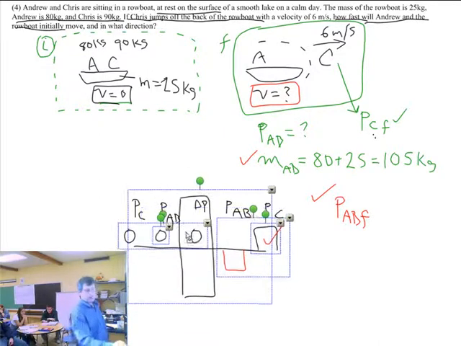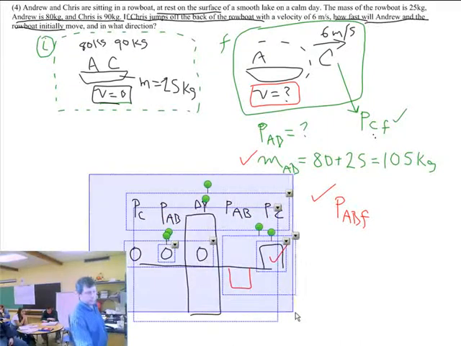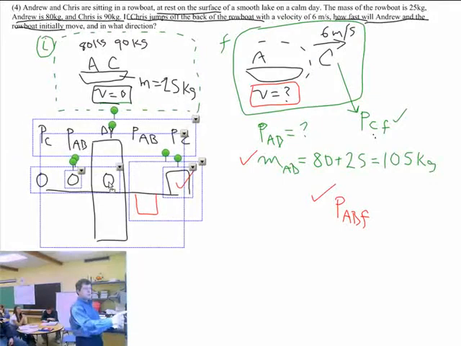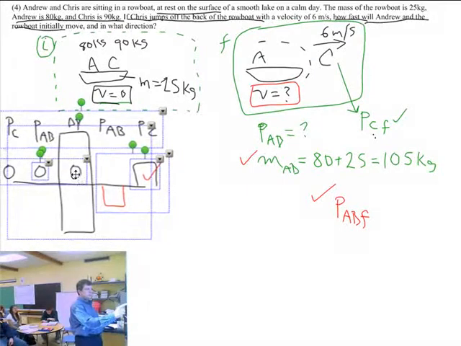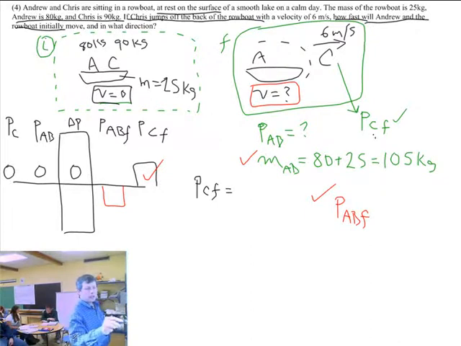Let's see if we can make this a little tidier. So here's our bar chart. Let's calculate some quantities. The final momentum of Chris is equal to the mass of Chris, 90 kilograms, times Chris's velocity.